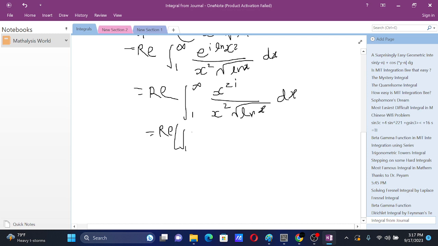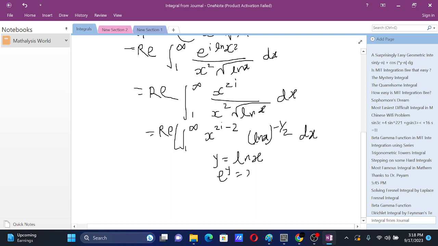A real part of integral from 1 to infinity, that's x to the power 2i minus 2, and ln x to the power minus 1 by 2 dx. Now instead of dealing with ln and x, dealing with e and x will be easier, so we will say y equals ln x, so that e to the power y equals x and e to the power y dy equals dx.